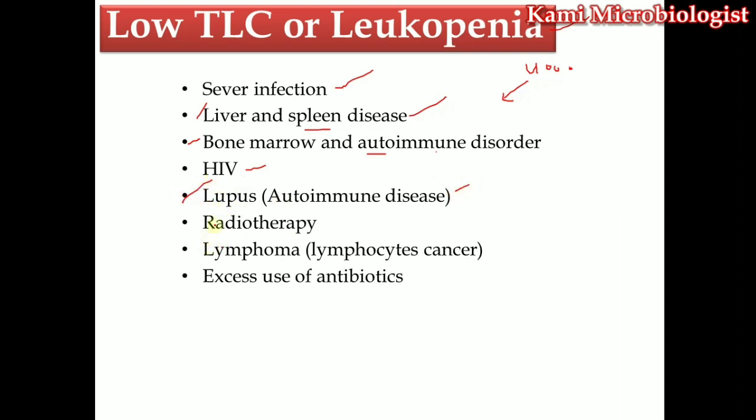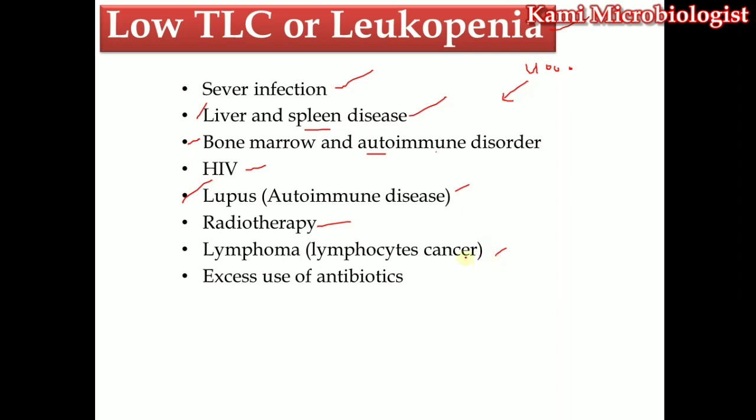We have radiotherapy. In radiotherapy we mostly target the cancer cells, but due to the radiotherapy the useful cells are also destroyed. That's why in radiotherapy leukopenia may also occur. Then we have lymphoma. In case of lymphoma, or lymphocyte cancer, the white blood cell count also decreases.